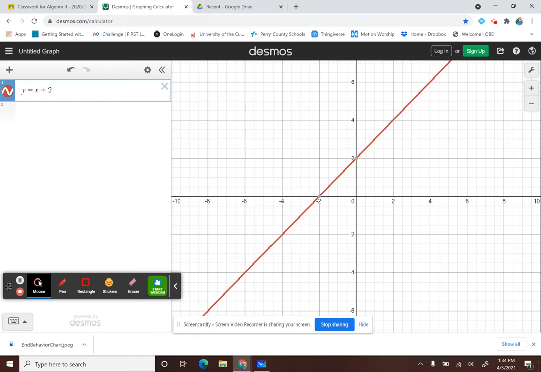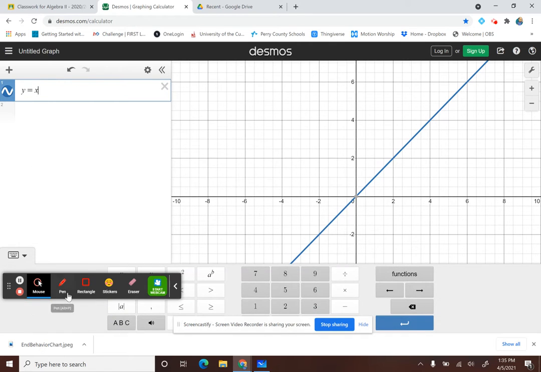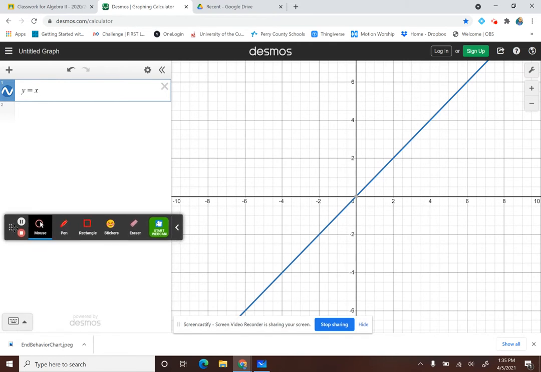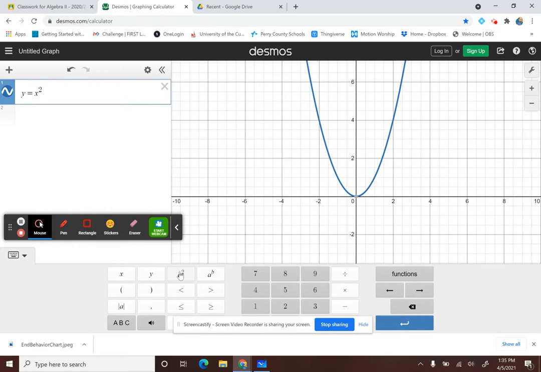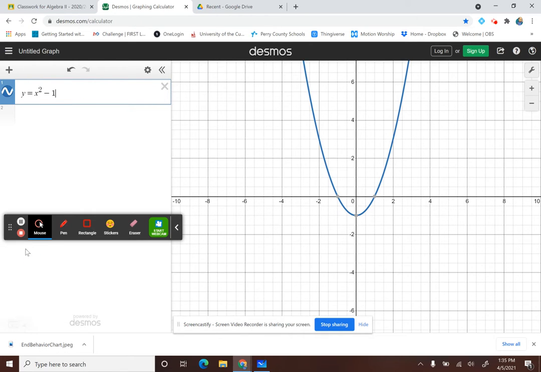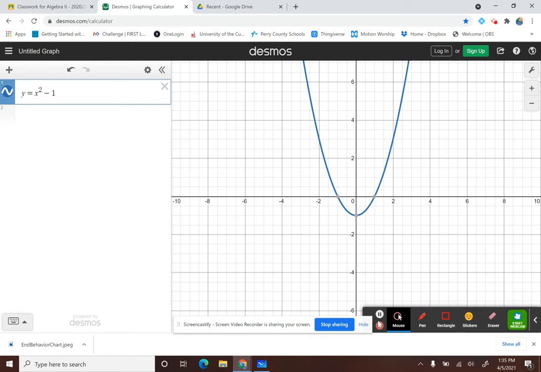All right, so let me move this out of the way. I'm going to delete this one and do another one here. So y equals x squared this time. Let's bring up this menu so we can see what we're doing. x squared minus 1. And this time you see that there is actually a turn in this one.